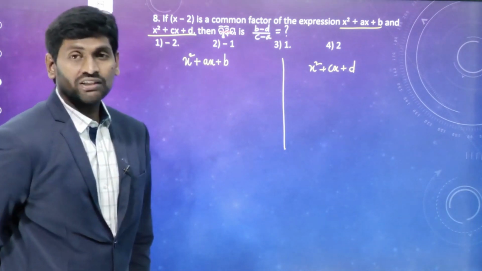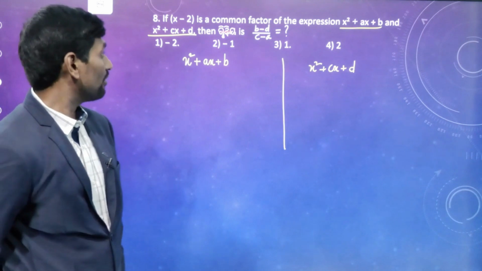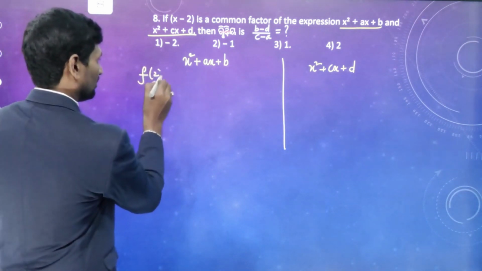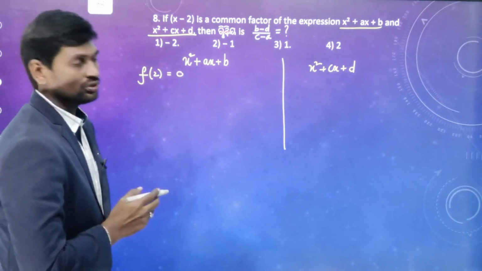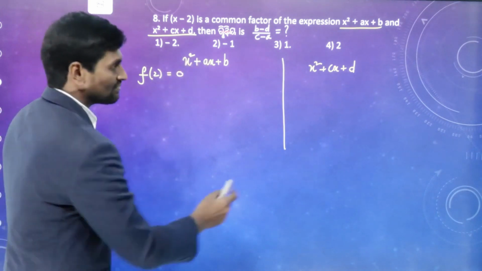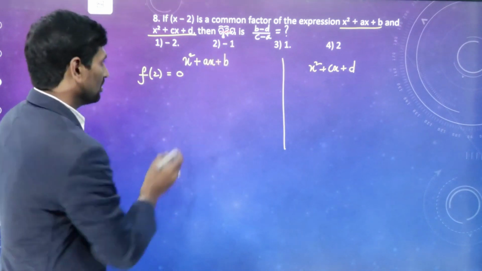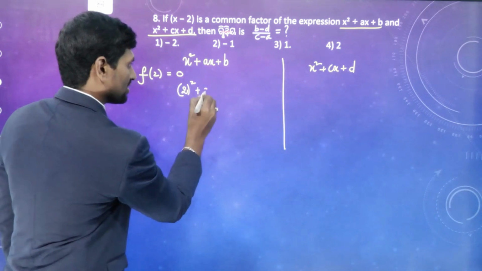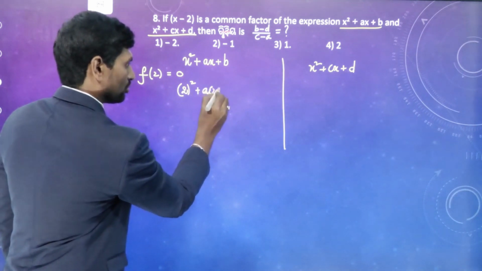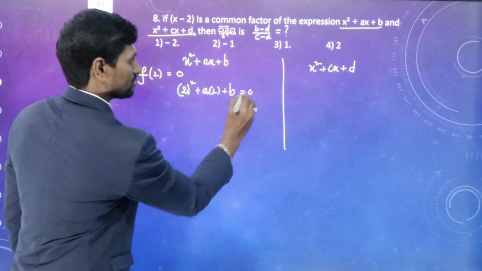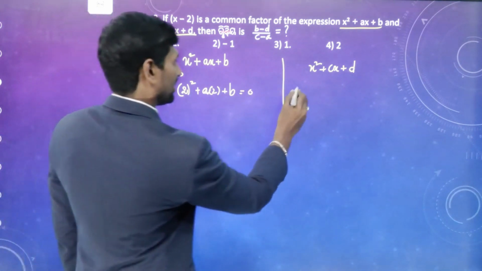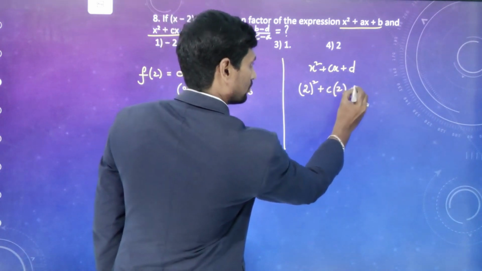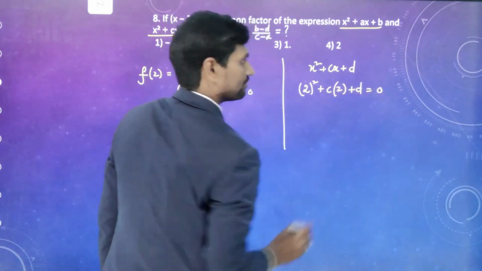So according to the factor theorem, we need f of 2 equals 0. That means substitute the value 2 in the first polynomial as well as the second one. So in the place of x, 2 square plus a into 2 plus b equals 0. In the same way I am substituting here, 2 square plus c into 2 plus d equals 0.